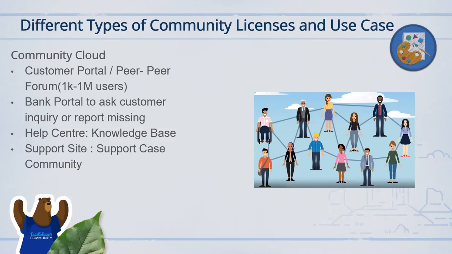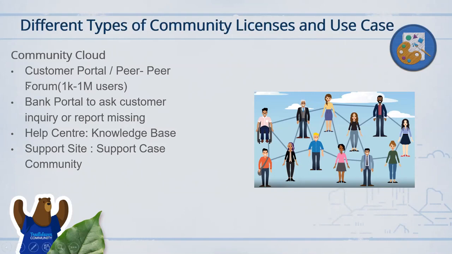There are basically three types of community license. The first one is Community Cloud. This supports a customer portal or any peer-to-peer forum, which can be as small as 1,000 users or bigger, a big community having around 1 million or millions of users.